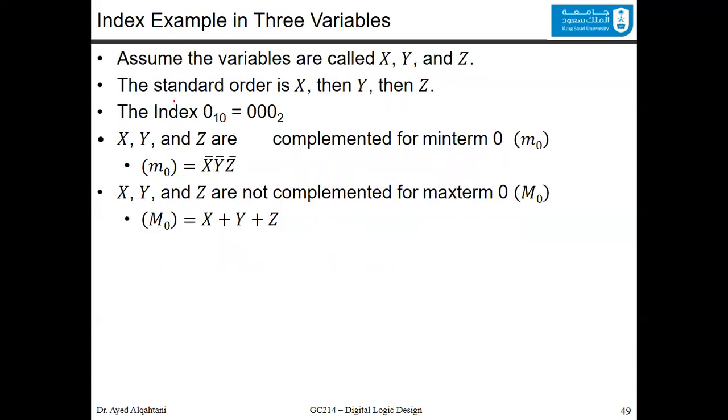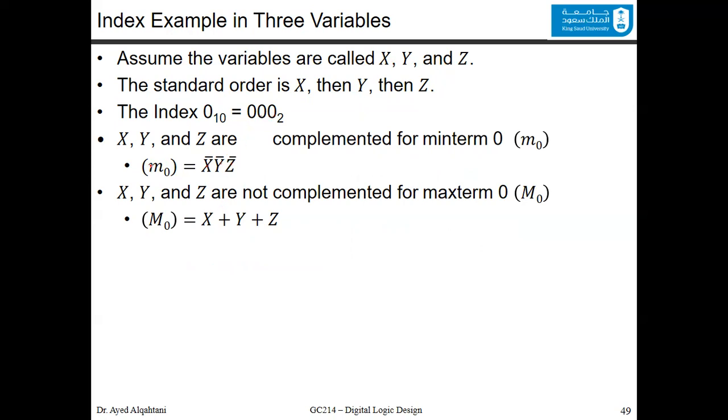Here are some examples. Assume the variables are x, y, and z. The standard order is x and then y and then z. The index for 0, if it is decimal, will be, because it's 3 variables, 0, 0, 0. So the min term will be x bar, y bar, z bar.